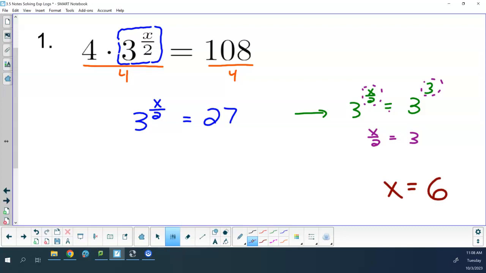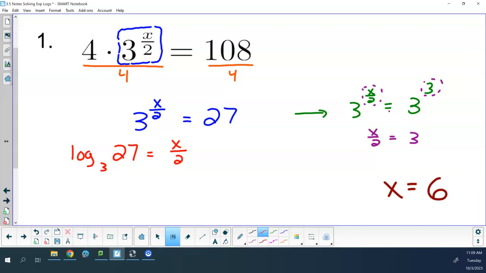So then we would say that log base 3 of 27 is equal to x over 2. In this case, if we didn't realize that 3 is the exponent that I put on 3 to get 27, we could do change of base formula, and we could figure out log base 3 of 27: log of 27 divided by log of 3, natural log of 27 divided by natural log of 3.